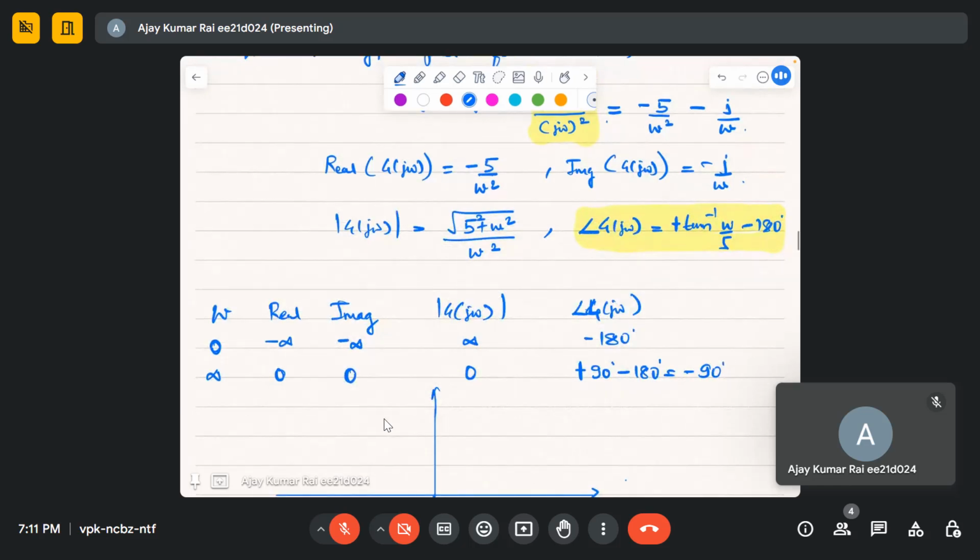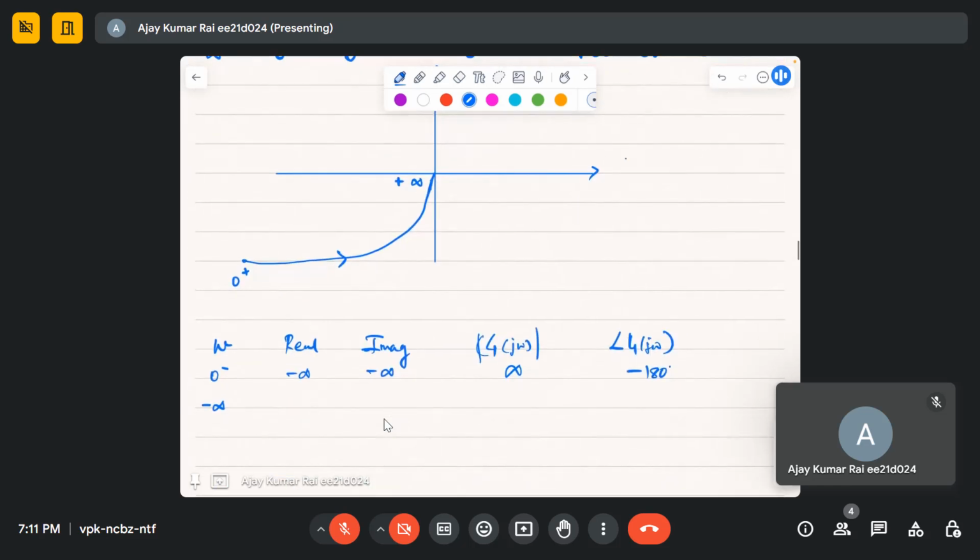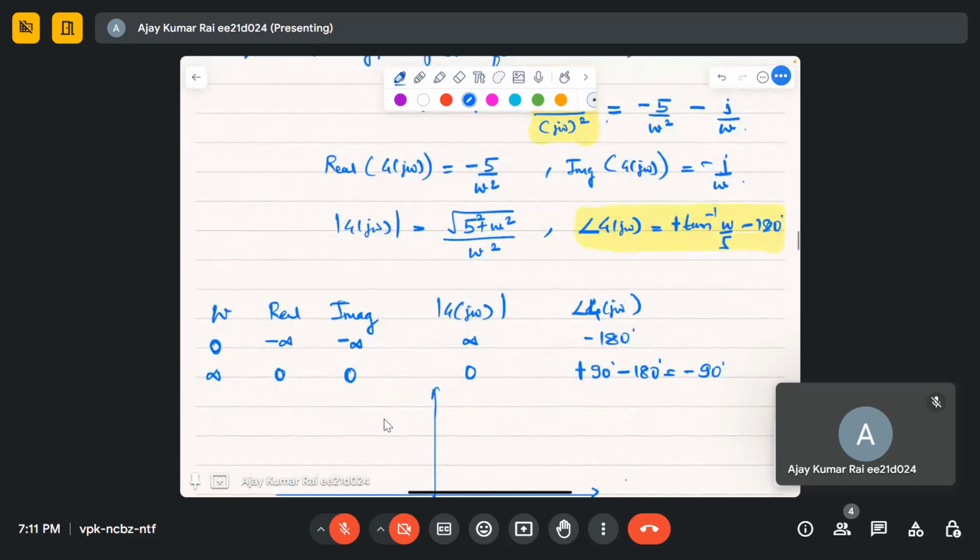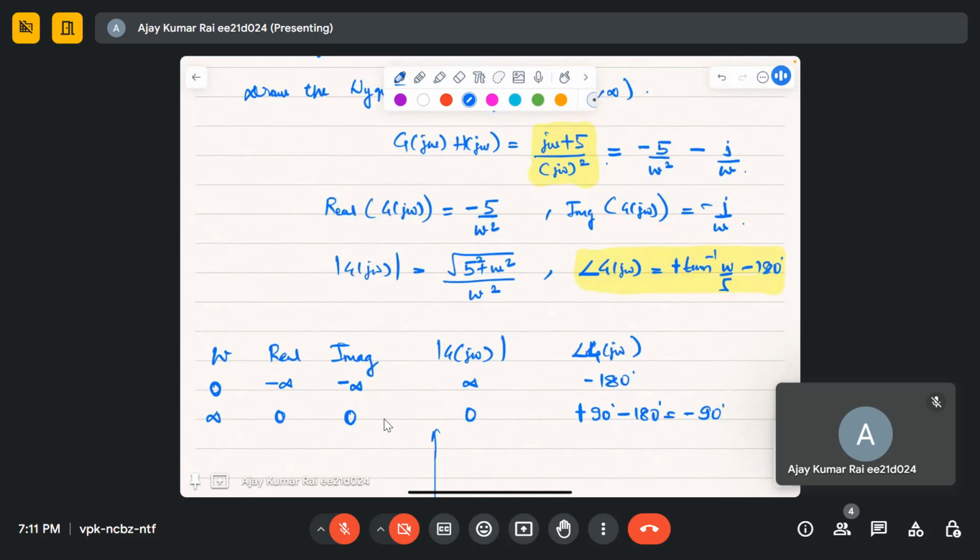okay, something is different. If you see omega equal to 0 minus, real part will be infinity. So for the real part, if you see this omega square, right, a very negative value you're putting, like minus 0.00 something, so this will be minus infinity.